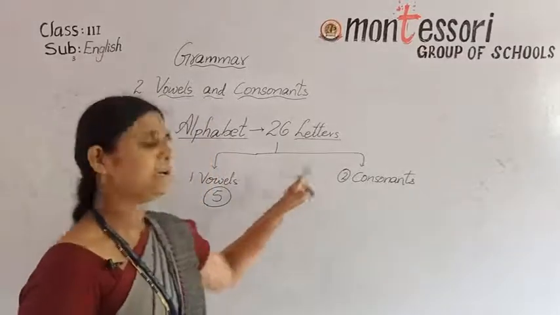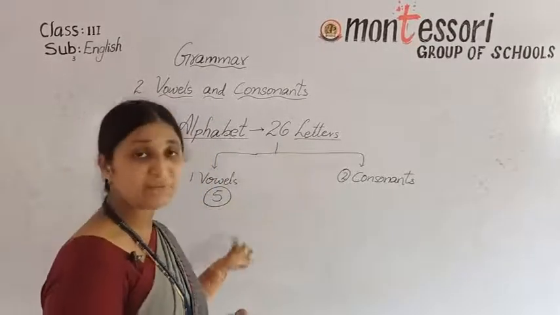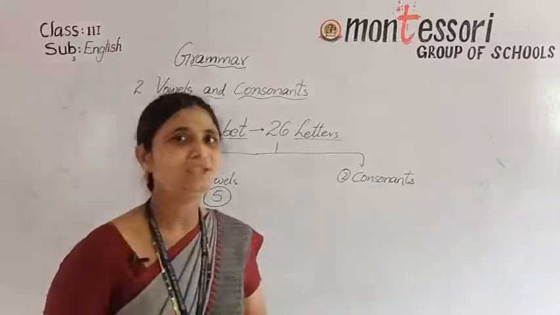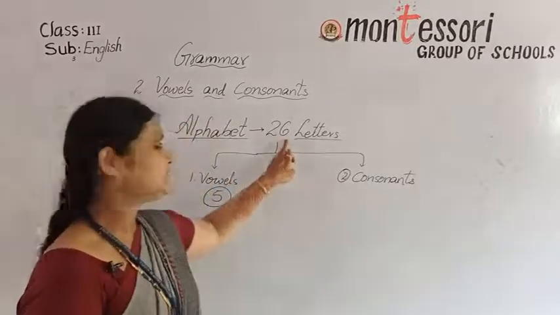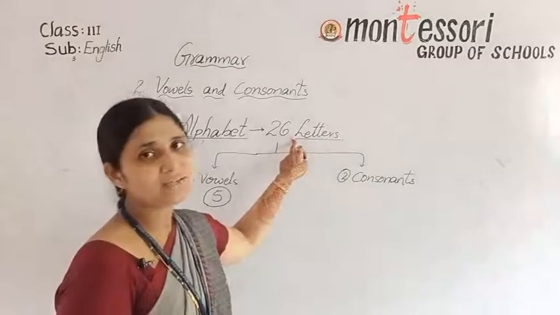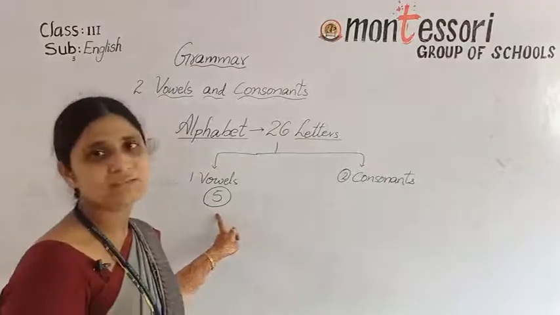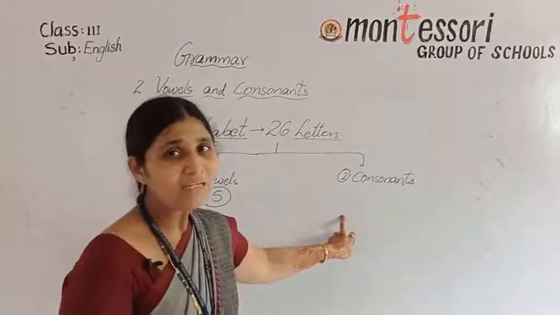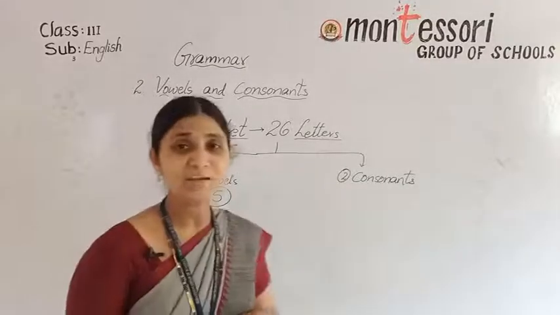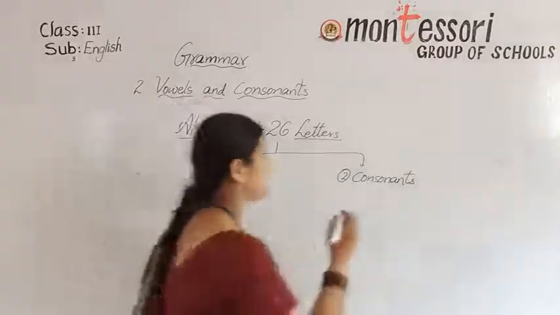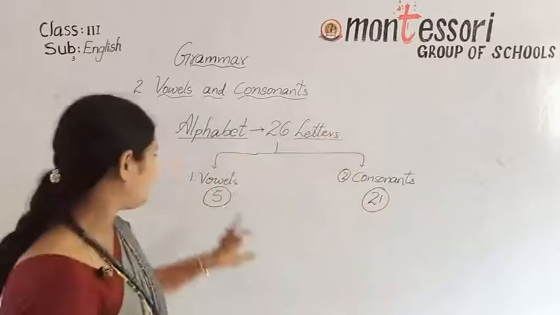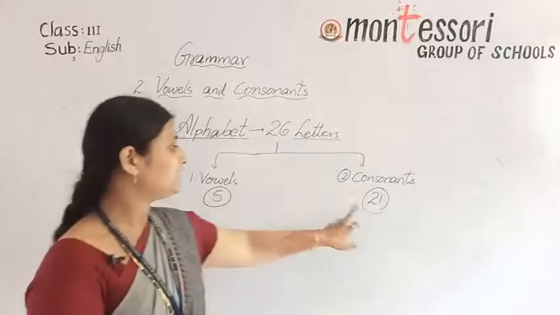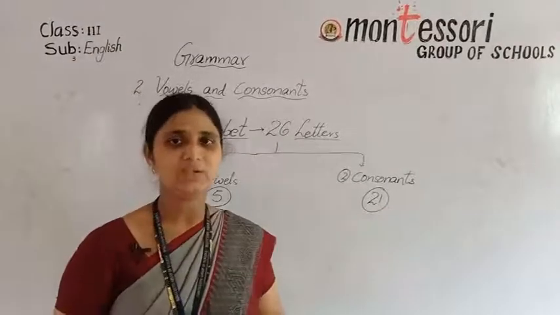Now subtract 5 from 26. It's maths. Don't go to maths now. In these 26 letters, 5 are vowels. The remaining are consonants. And how many remain? 21. Very good. 5 are vowels and 21 are consonants.